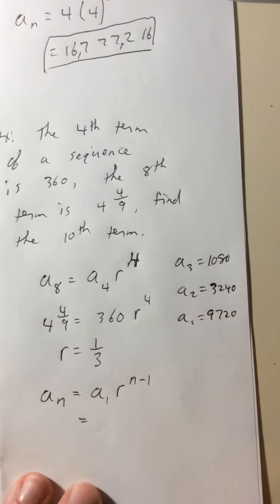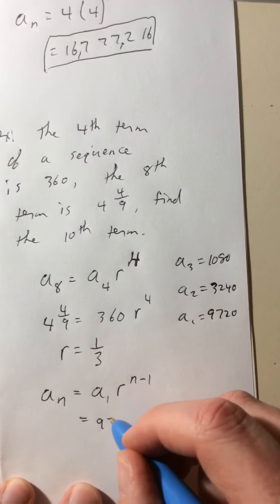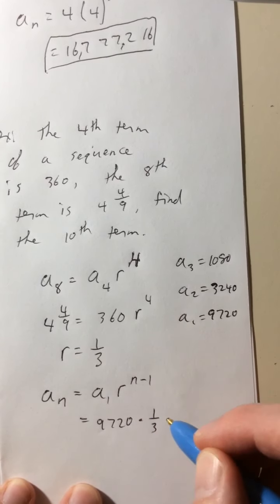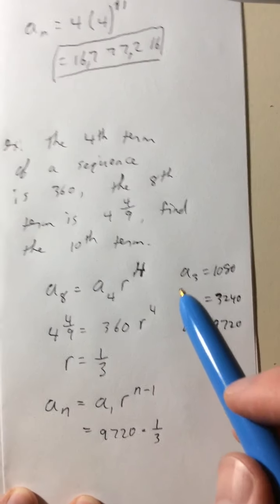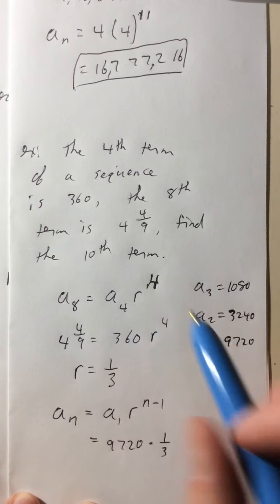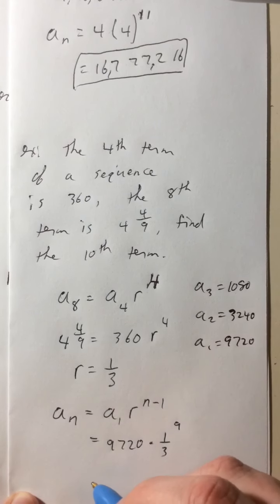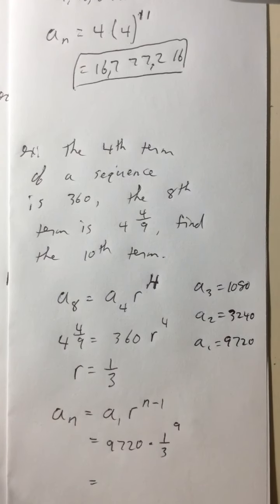Okay, so now we can use our formula here. We got 9720 times the common ratio to the, and so we're going to find the 10th term, so we're going to do 10 minus 1, or 9. So 1/3 to the 9th power.